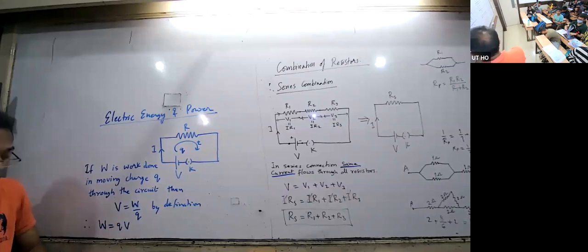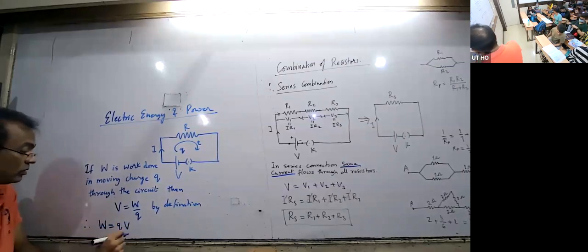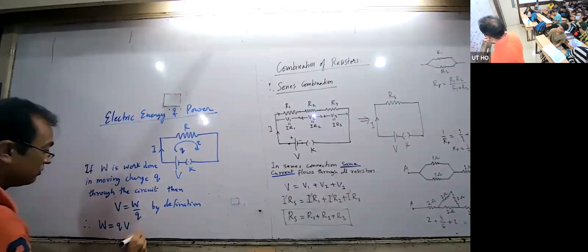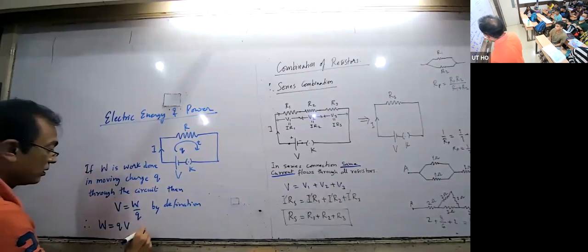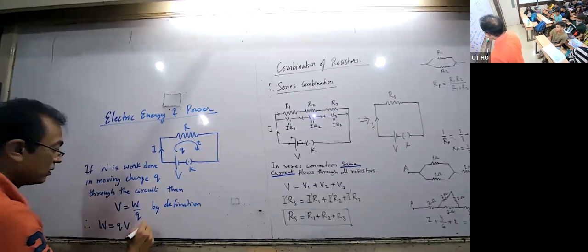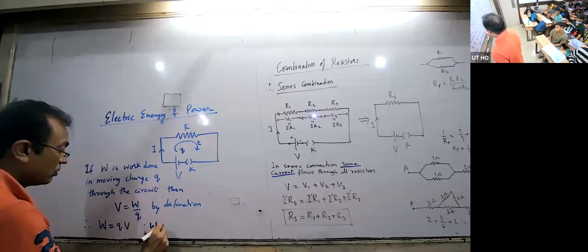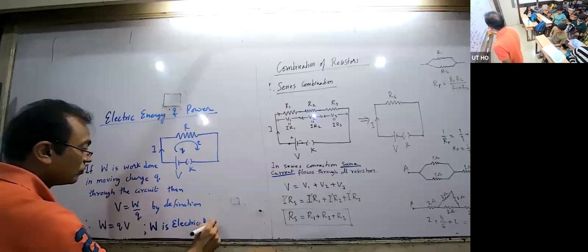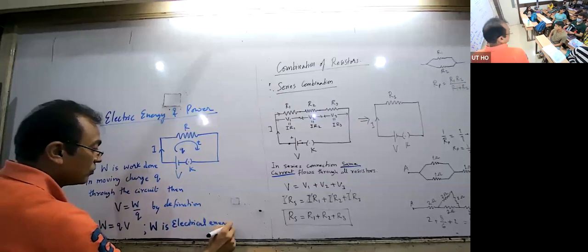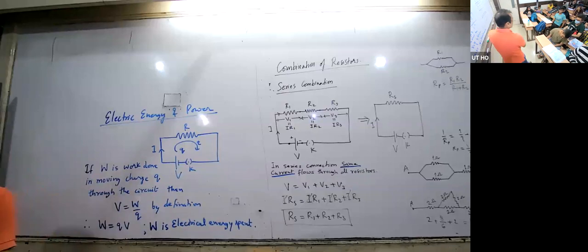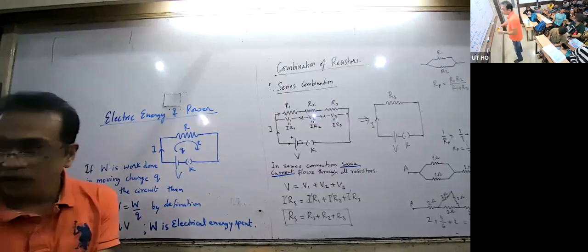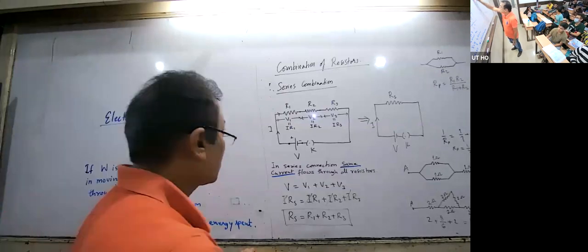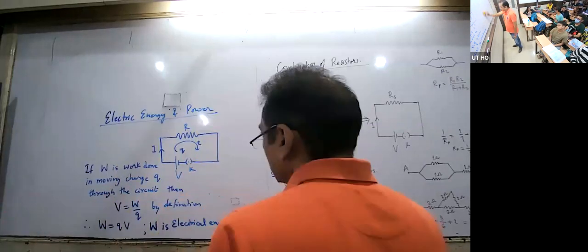Right? So this is where W is now electrical energy. Energy spent. Understood? So W is the electrical energy spent. But what is Q then? Q is a charge, that is IT.